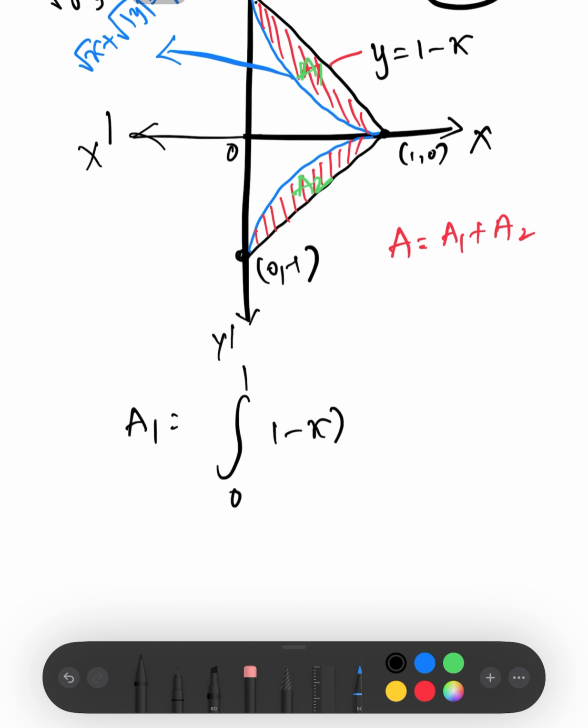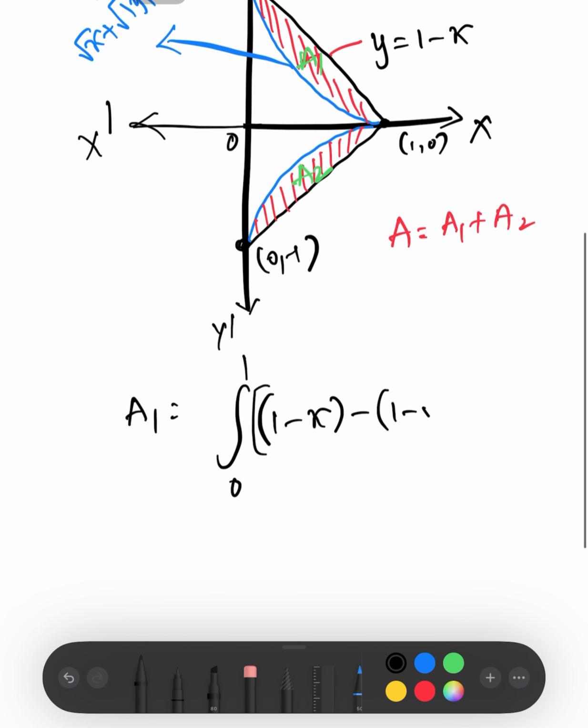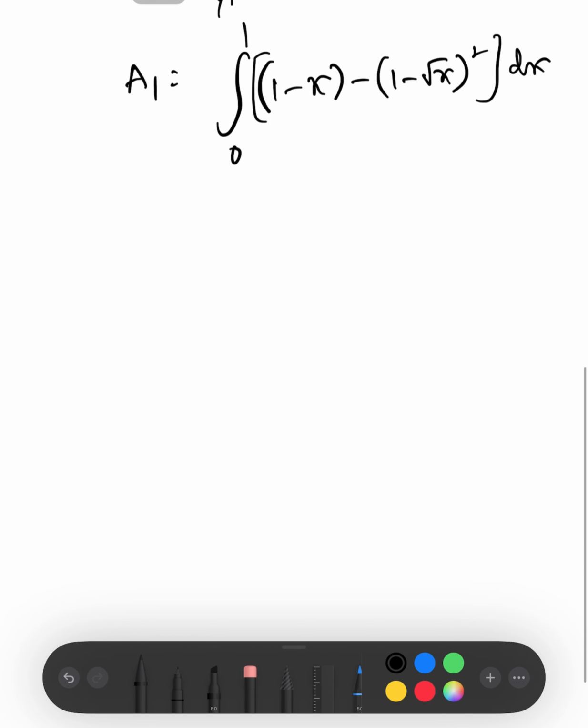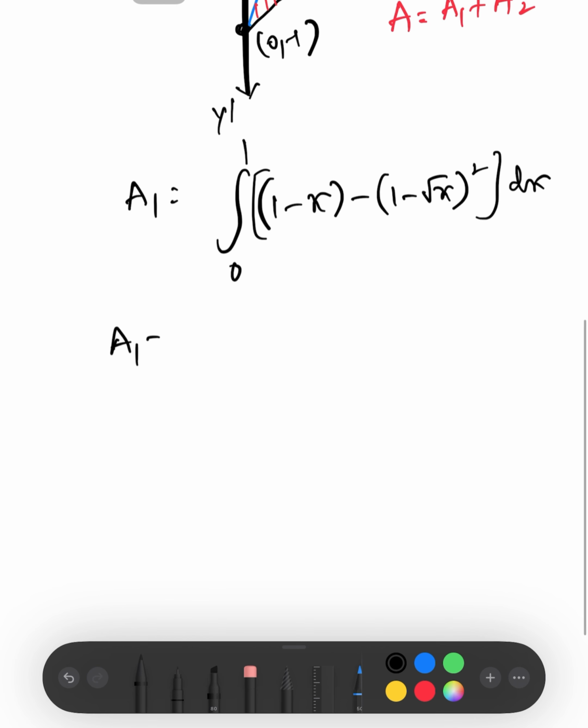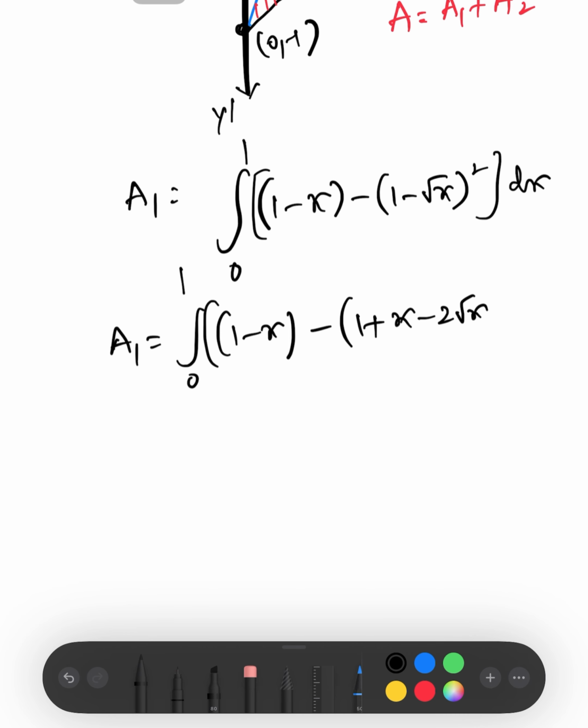The upper is 1 minus x, minus the lower, which is 1 minus root x whole square. So a1 equals the integral from 0 to 1 of 1 minus x minus of 1 plus x minus 2 root x, dx. Then clearly 1 gets cancelled.